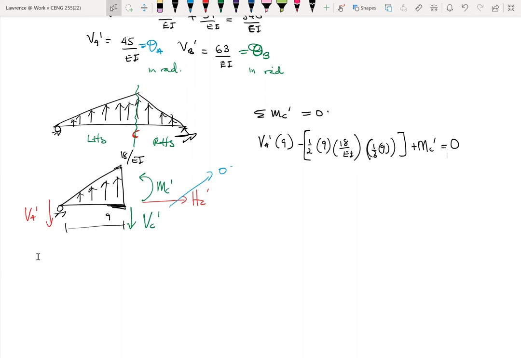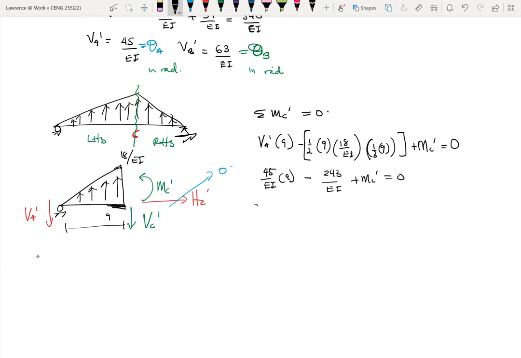So here we need to find MC prime. We know what V is, so simply 45 over EI times 9. I think this whole thing becomes minus 243 over EI plus MC prime equals 0.